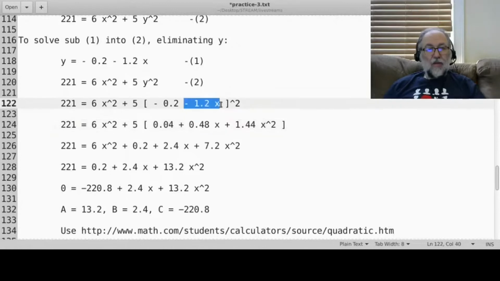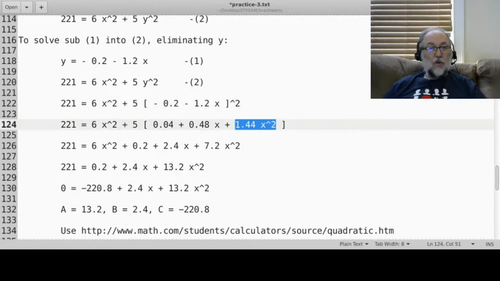And then finally you do -1.2 multiplied by -1.2, and that's 1.44, and that's the squared term. So basically I just expanded the binomial there. And there we go.